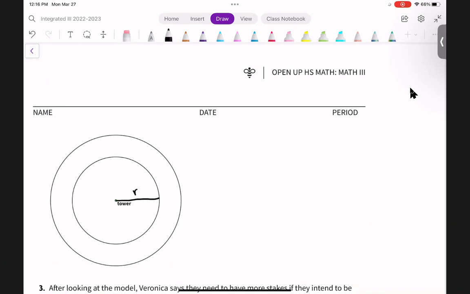And then what Alice wants to do is place a stake here, and then if I could pick up that radius and lay it down, it would probably be somewhere here-ish. Think about a tape measure and I'm pushing it all the way around. And then I push this all the way around and I get to maybe here. And I push this all the way around and I get to maybe here.